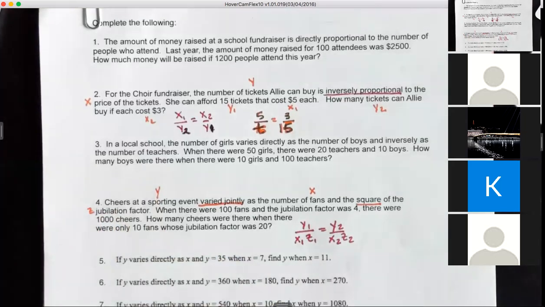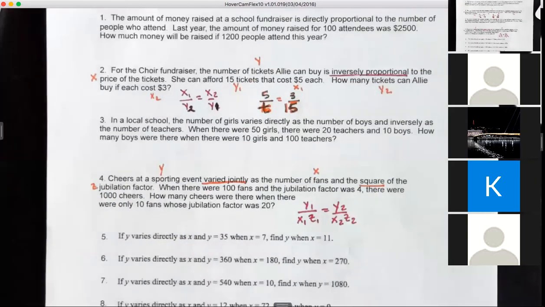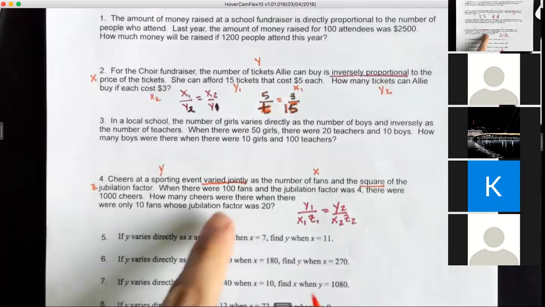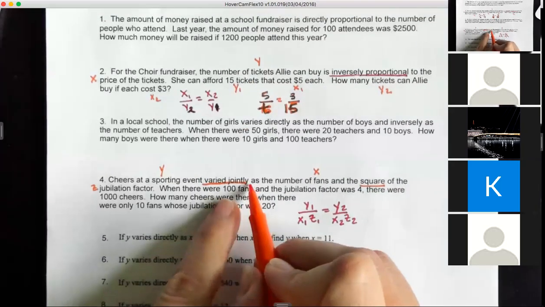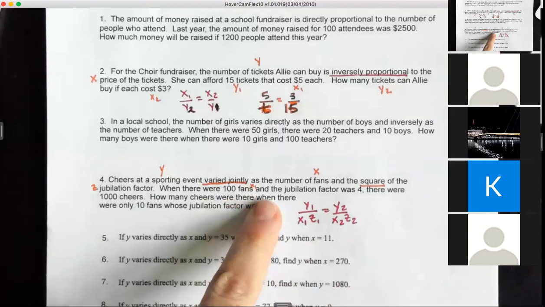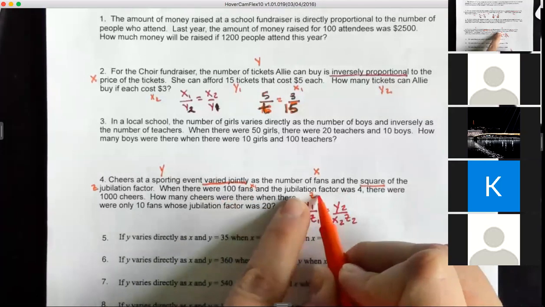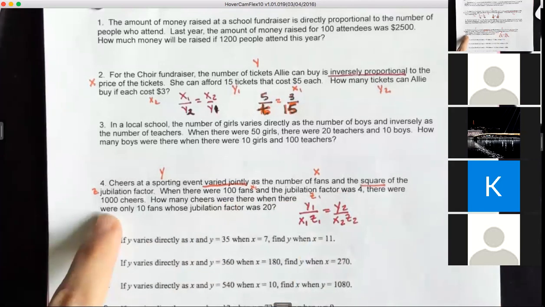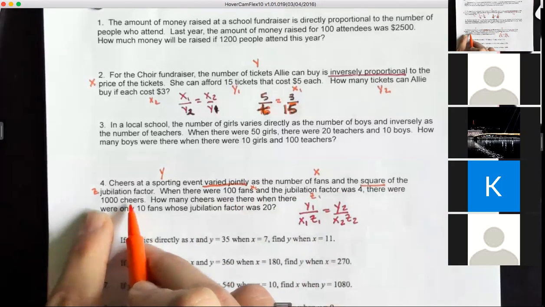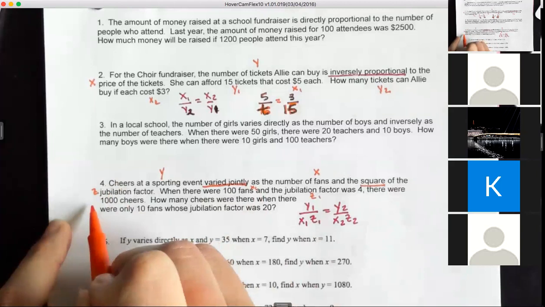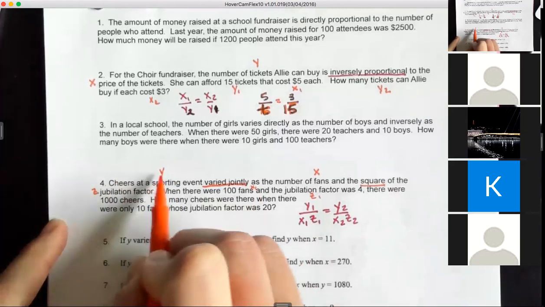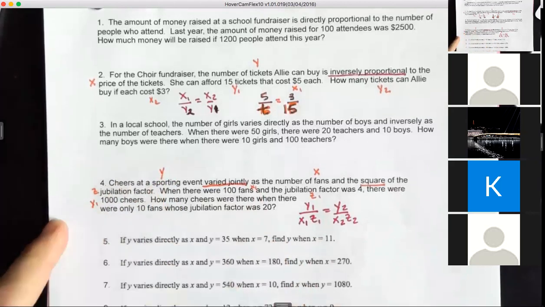I stole this off the internet. It says when we have 100 fans, here's our x1, and the jubilation factor was 4, there's our z1, there were 1,000 cheers. So cheers at a sporting event, there's our y1.